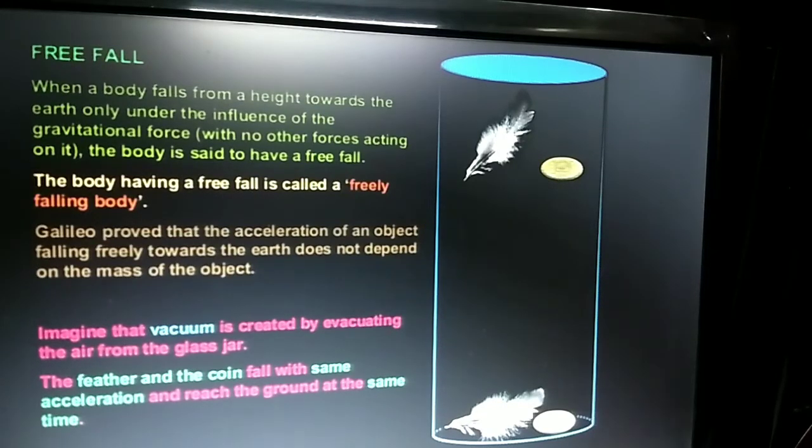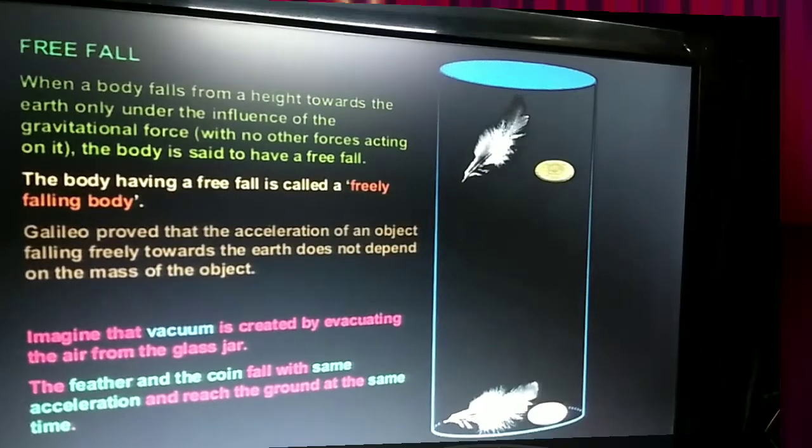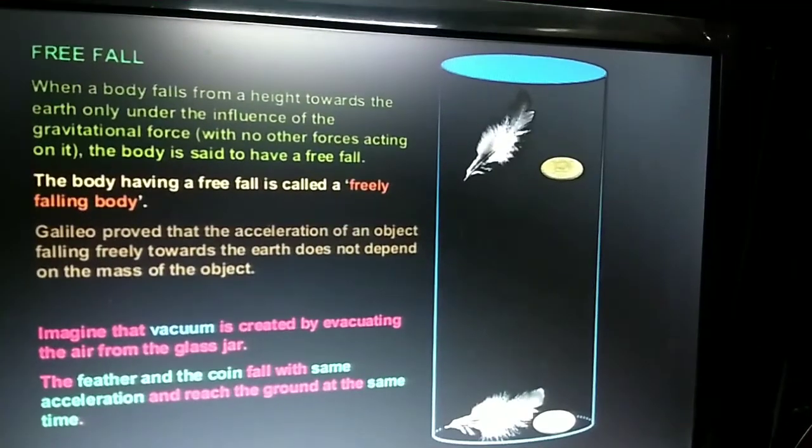However, Galileo dropped 3 iron balls of different masses simultaneously from the top of the tower, and he found that all the 3 balls reached the earth's surface at the same time. He then explained that the feather suffers much air resistance during fall because of its larger area.